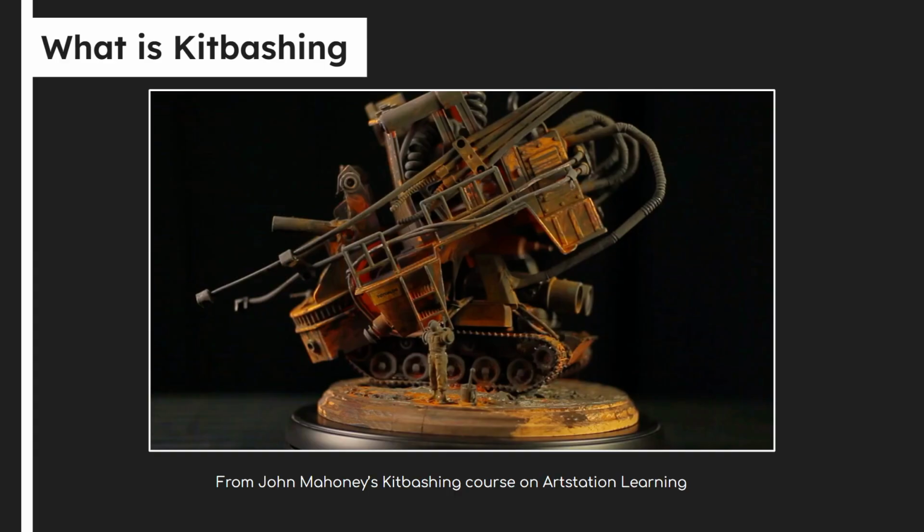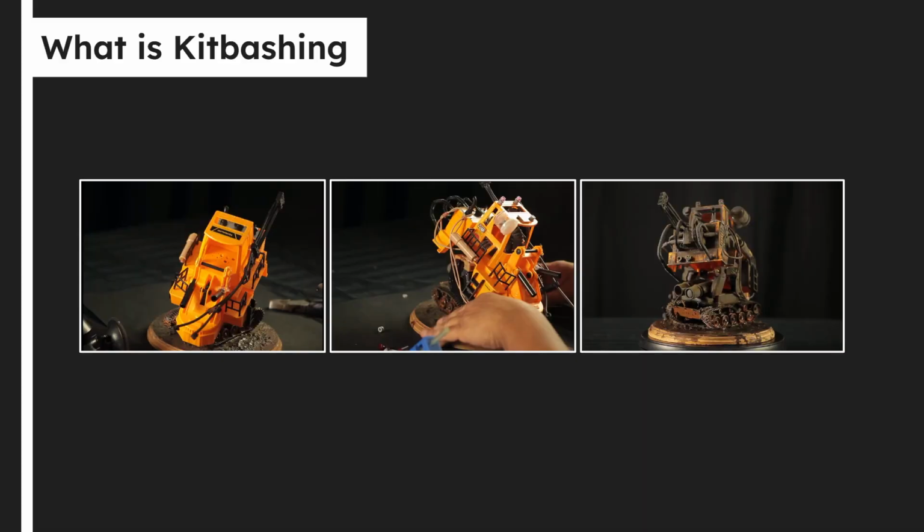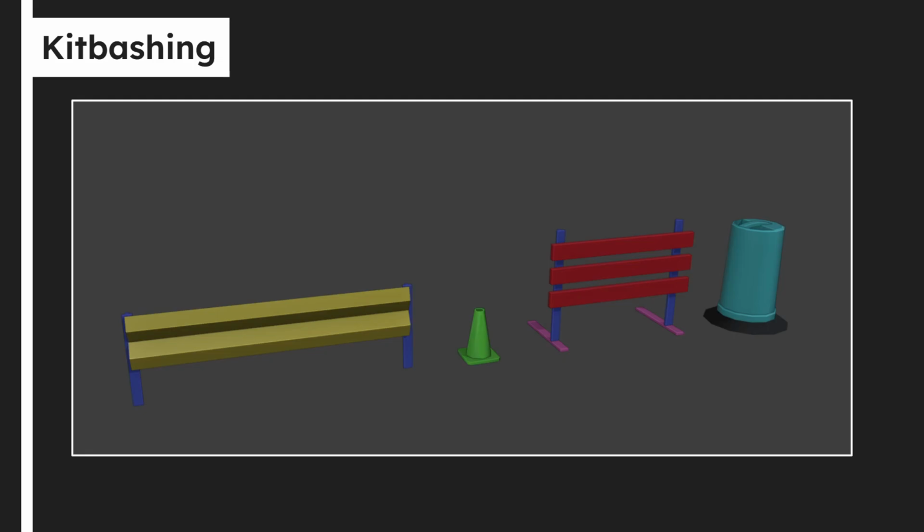In this case, I found this course on ArtStation if you want to learn more about it, but it's from John Mahoney's kit bashing course on ArtStation, where he takes a children's toy and a bunch of these kit bashed plastic pieces and meshes them all together to create what you saw there, that really cool rusted old dumper truck thing, right? We're kind of doing this exact same thing, but in 3D.